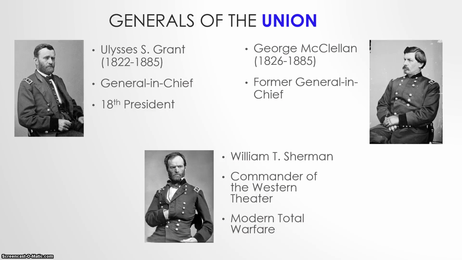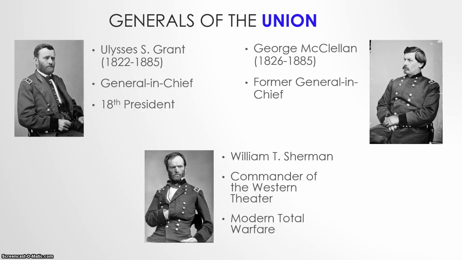Now let's look at the pawns of the war. So we have the generals on the Union side. Ulysses S. Grant. He is the general in chief, basically the commander, the head honcho in regards to generals in the Union Army. He's also famous because later on he would actually serve as the 18th president.